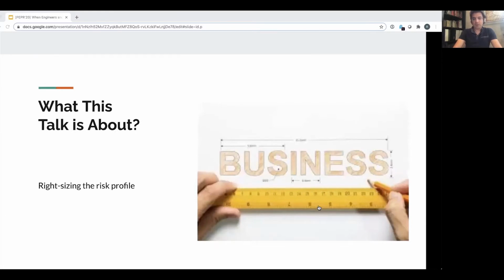So what is this talk about? The thesis of this presentation is that practical engineering insights go a long way in simplifying data protection compliance. In practice, the biggest hurdle in addressing compliance needs is recognizing the most important risks for a company based on its unique risk profile.